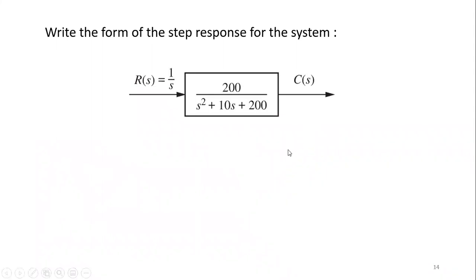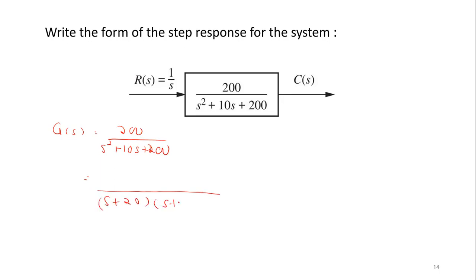Any questions? Okay, let's look at this one. Write the form of the step response for this system. You know that the transfer function here is equal to 200 over s squared plus 10s plus 200. So we factorize the denominator, it will be s plus 20, s plus 10.